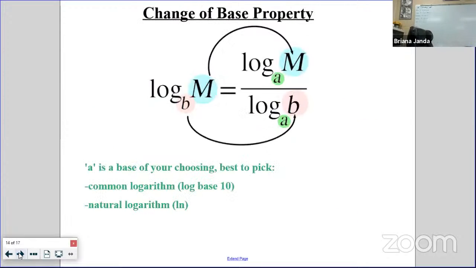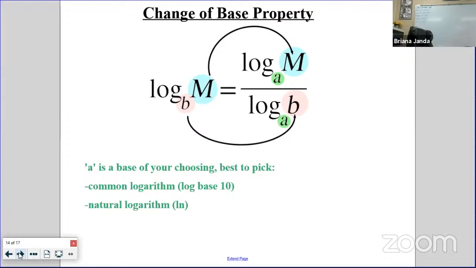The last thing we need to talk about is what's called your change of base. So this is where our calculators come into play. Any logarithm can be evaluated on any calculator, scientific. Your nicer, newer graphing calculators have an option to type in any log base anything, but not all scientific calculators do, okay?